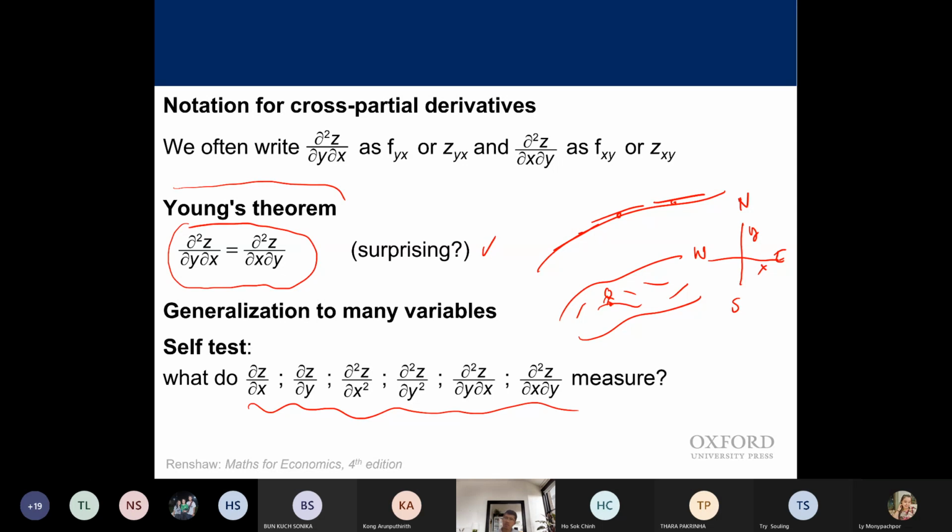You may ask, why not this direction? We have infinitely many directions. The partial derivative just measures the two major directions among the infinitely many of them.